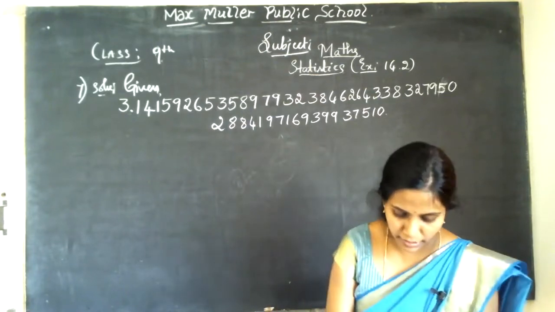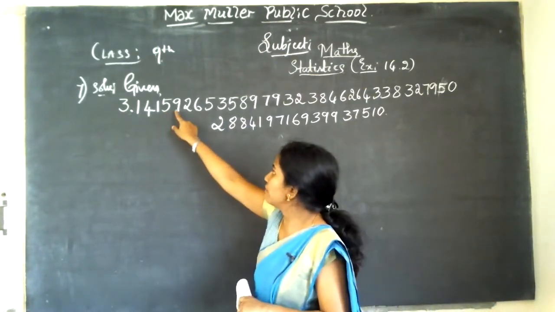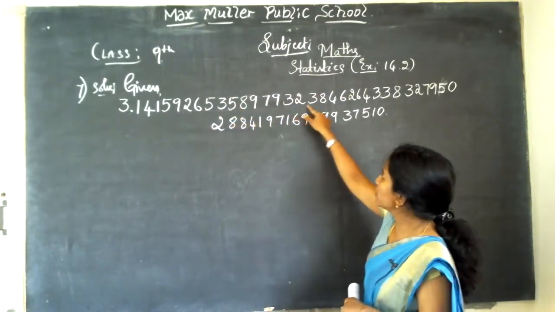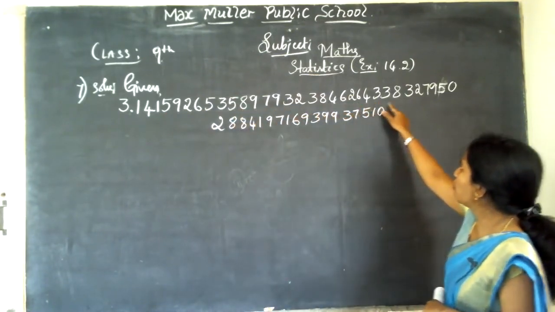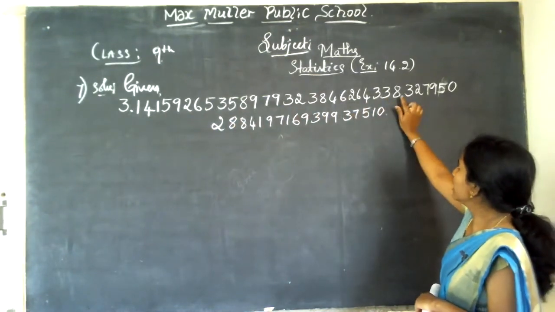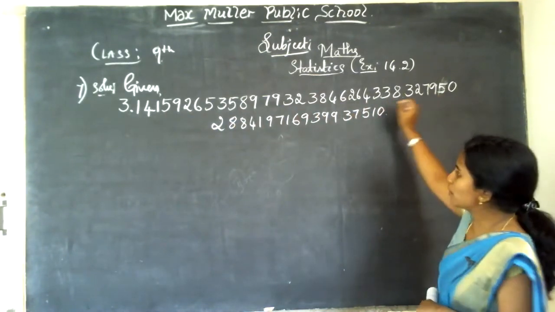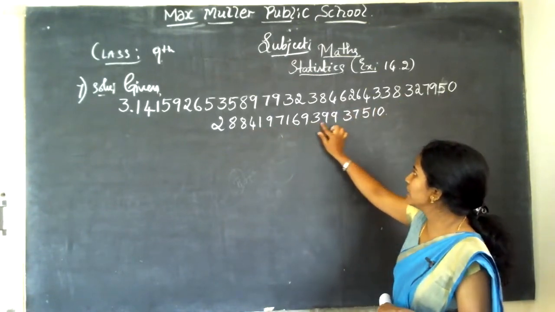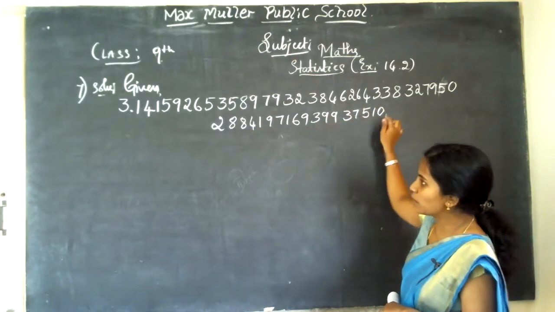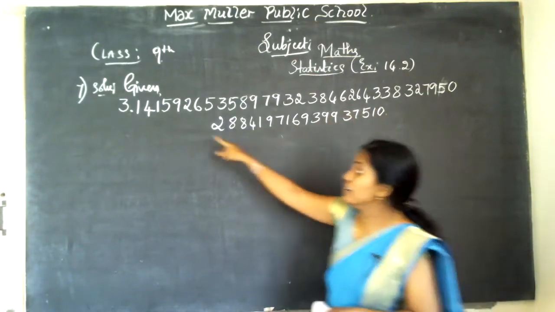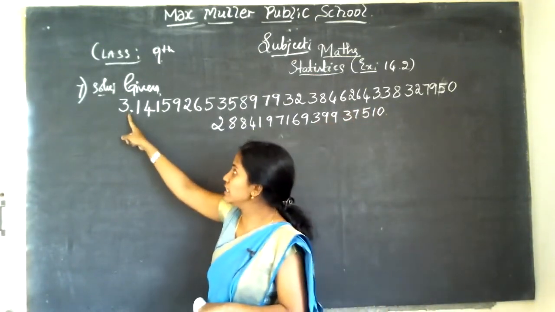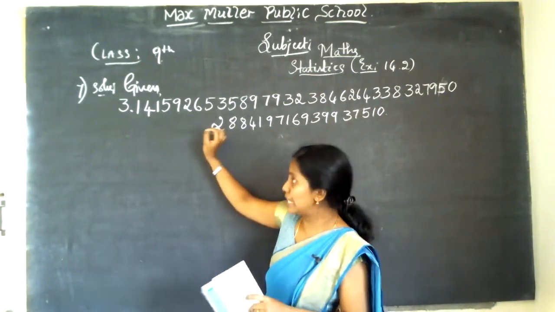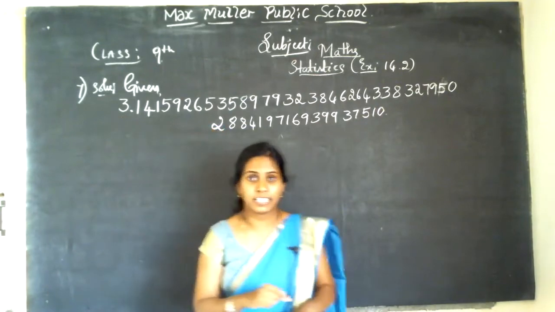They have given 3.141592653589793238462647343388371693993751. When you count it, you will get 50 decimal places after this decimal point.